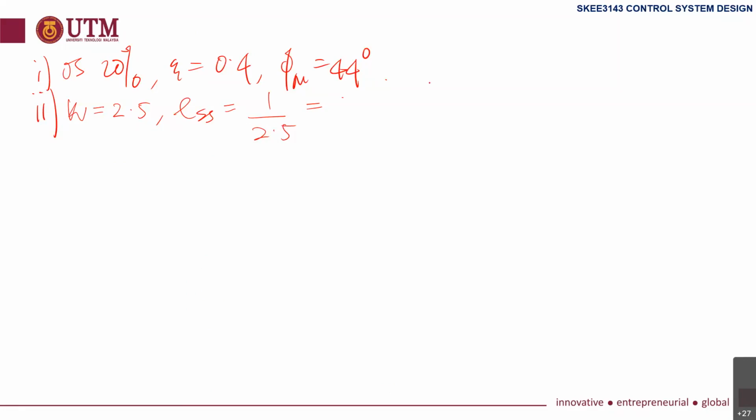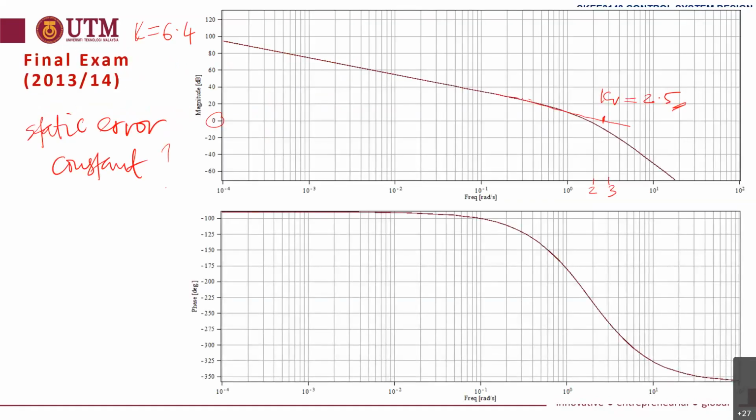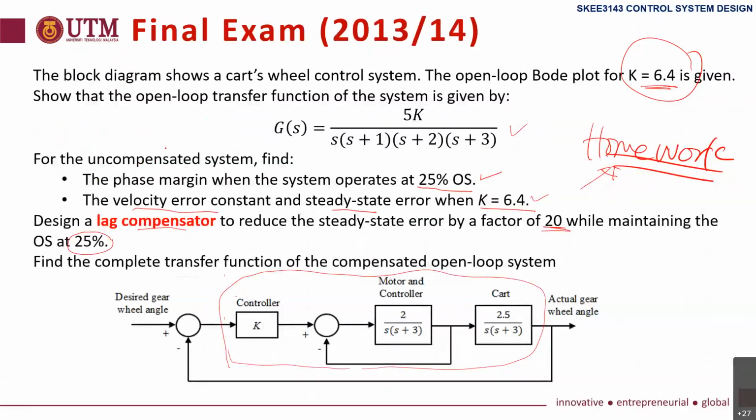So the error is 0.4. But besides using the plot, you can also calculate directly using the formula. That will be more accurate, because the accuracy on the plot depends on the scale. So that answers the second one.